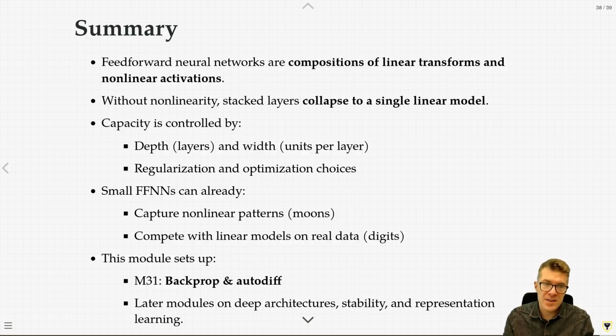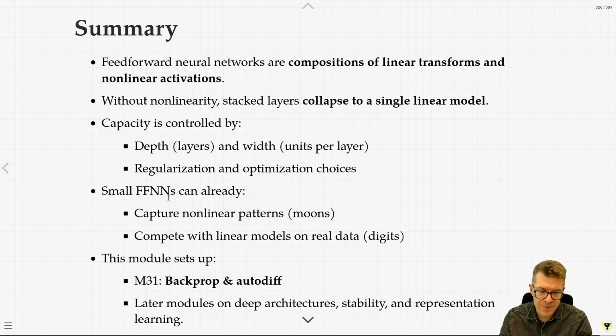The capacity of the model is just changing the number of parameters you have, and we do that by changing the depth, i.e. adding or removing layers, or changing the width by adding or removing units per layer. And you can still do regularization or other forms of optimization, so that's going to control how much you can learn.